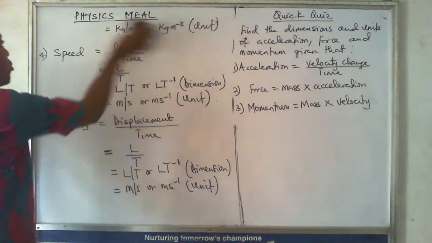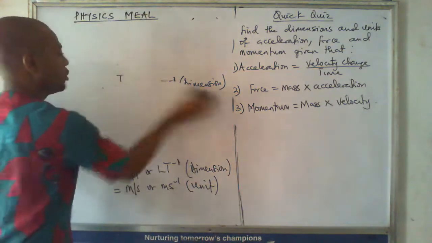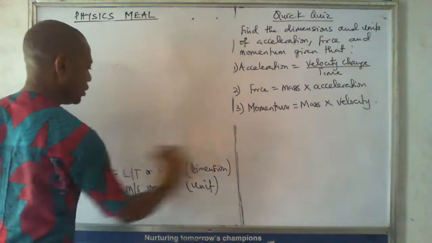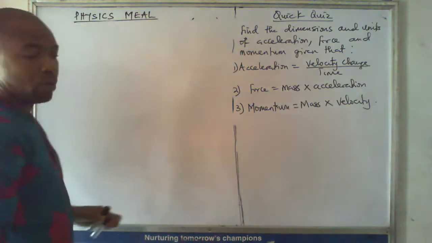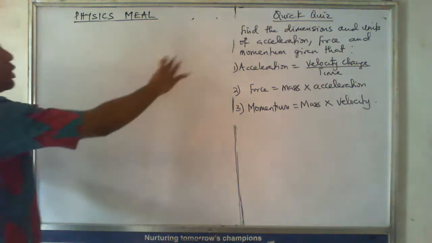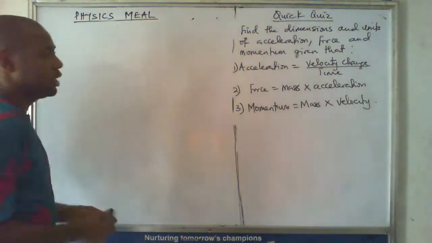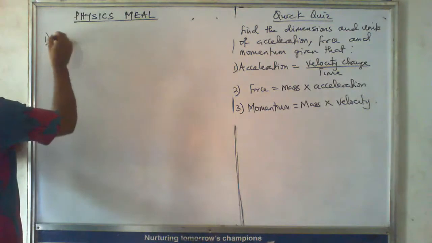All right, let's quickly look at the correction to these questions. I hope you still remember the steps we took while obtaining the dimension and units of the derived quantity. So let's go through this. The first one we are looking at is acceleration.